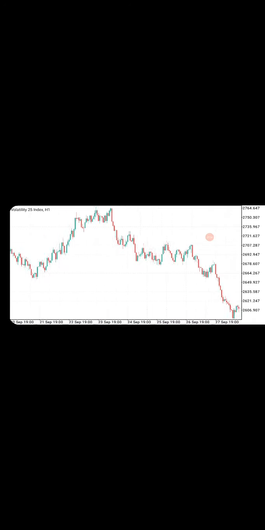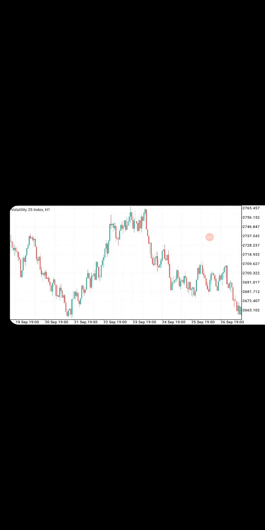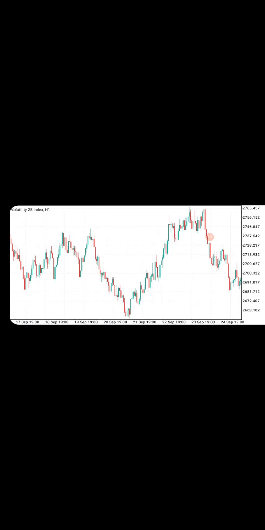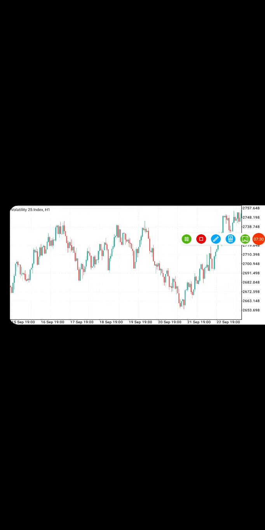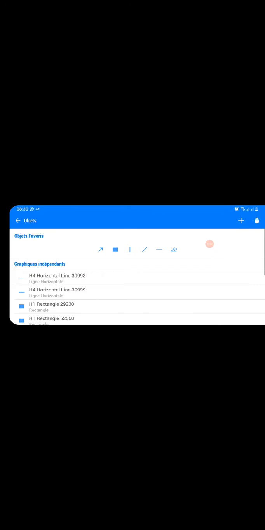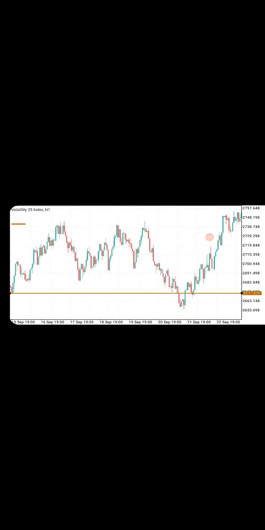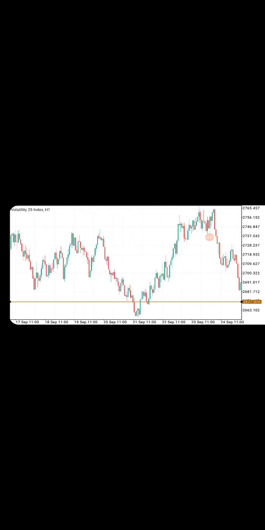This is another kind of manipulation, guys. Take a look at this thing. This is a kind of support, right? As you can see, the market went up, and at the specific level it was supposed to go up, right?